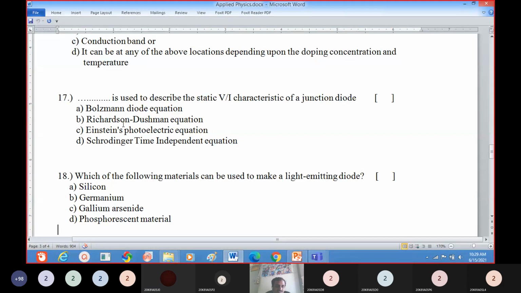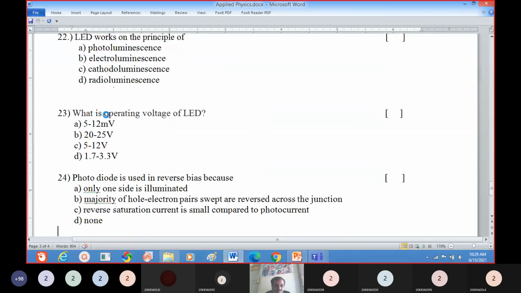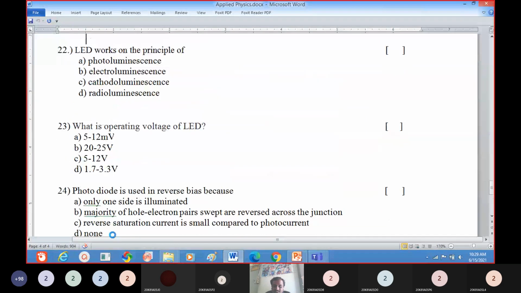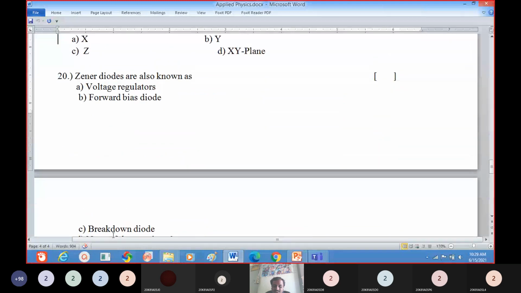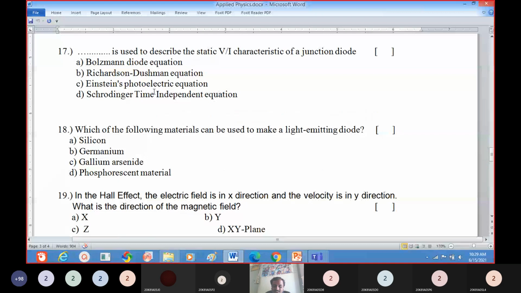The next ones are the Richardson-Dushman equation, Einstein photoelectric equation, and Schrodinger equation. The last ones are not correct. So option 17A is correct: for finding the IV characteristics, we use the Boltzmann diode equation.